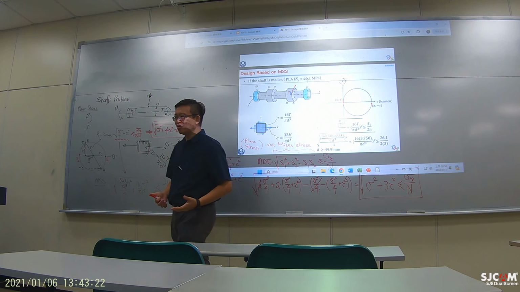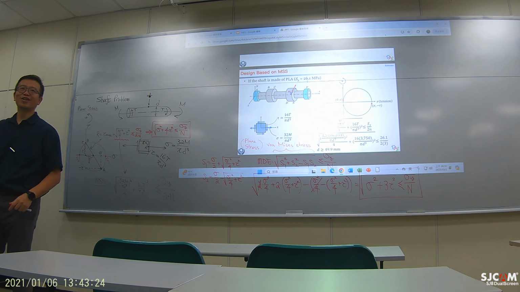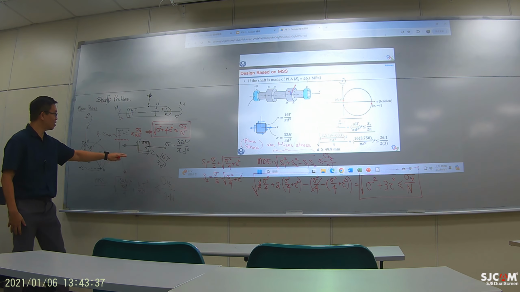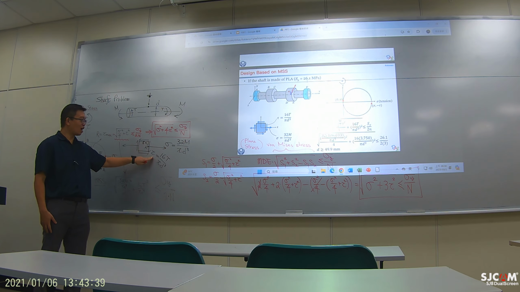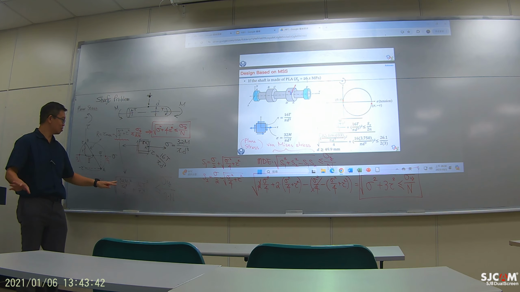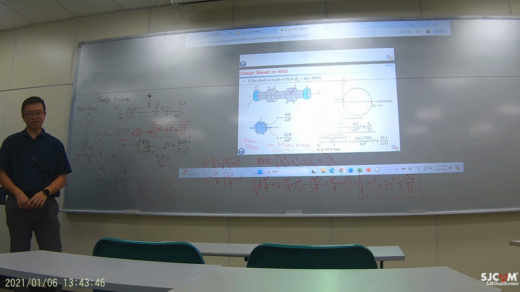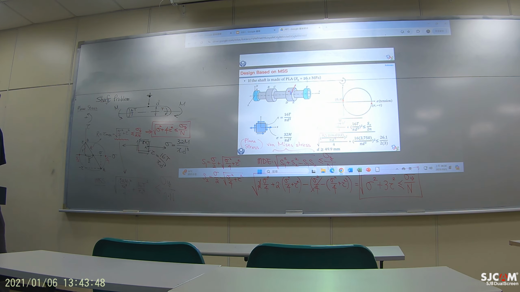Then you question yourself, is this 3 or 4? It's basically coming from 2 different models, and they have 2 different conservative levels. Okay? So if you plug the sigma and tau into that equation, very similar form you will get, but the coefficient is slightly different. Okay?